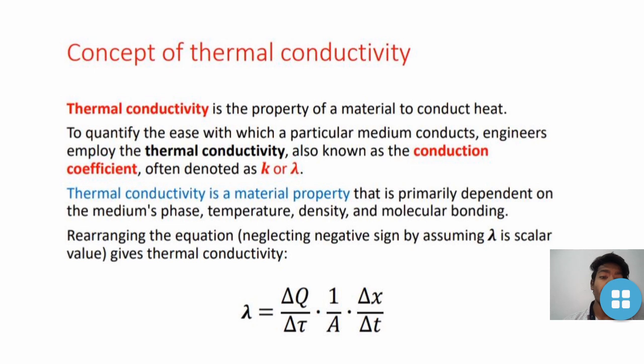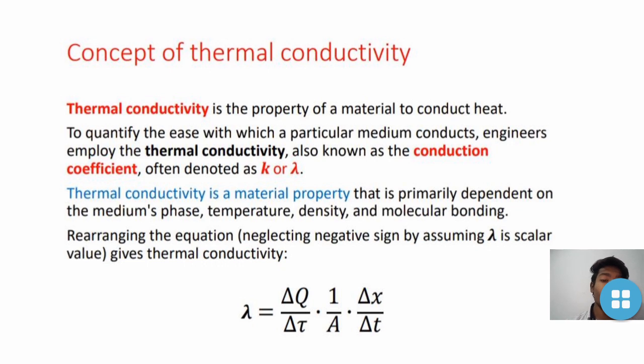Thermal conductivity is a material property that is primarily dependent on the medium's phase, temperature, density, and molecular bonding. Rearranging the equation, neglecting the negative sign and assuming lambda is a scalar value, gives the thermal conductivity.